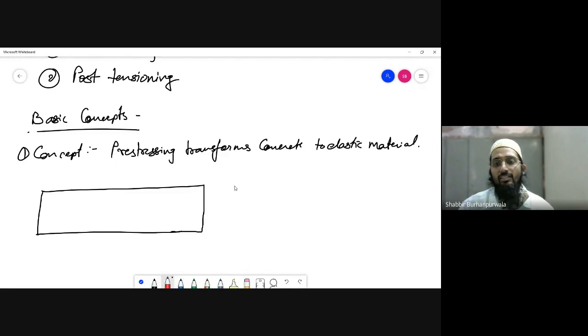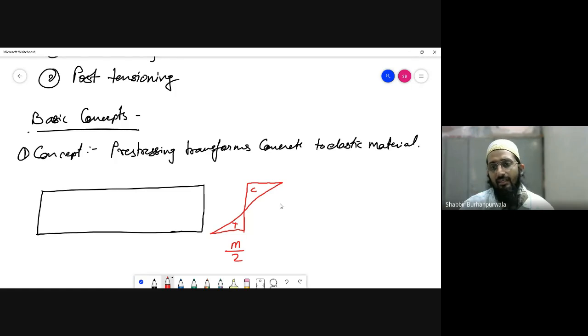One is our external stress diagram. External stress diagram, top in compression, bottom in tension, and this stress diagram is from M by Z. M is the external moment and Z is the section modulus.